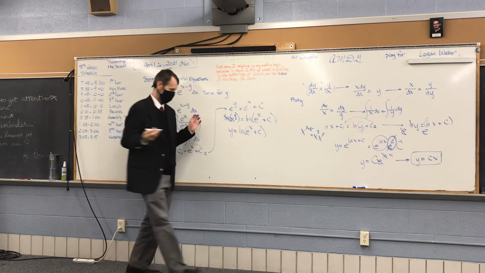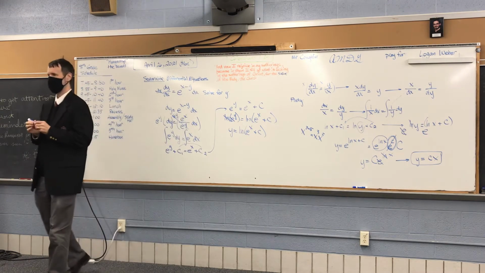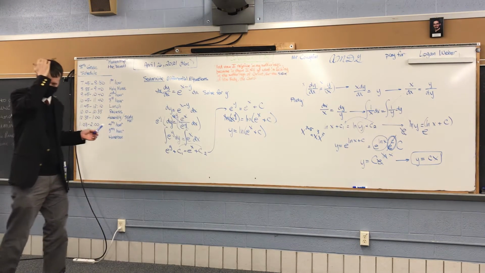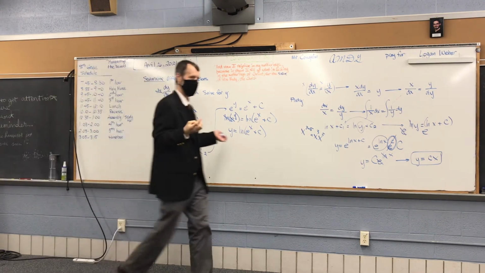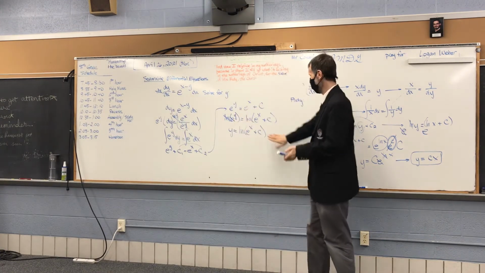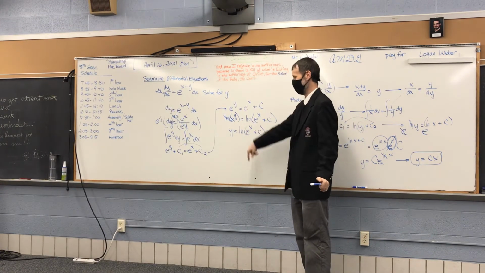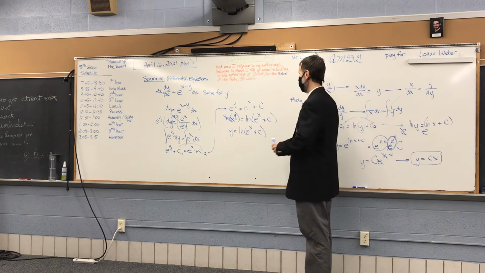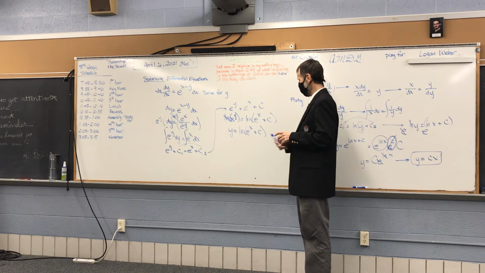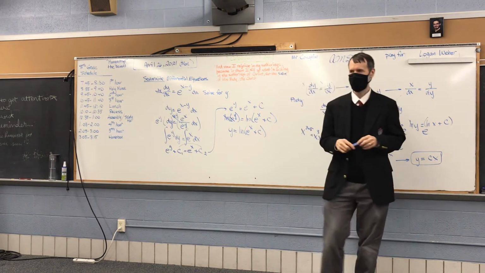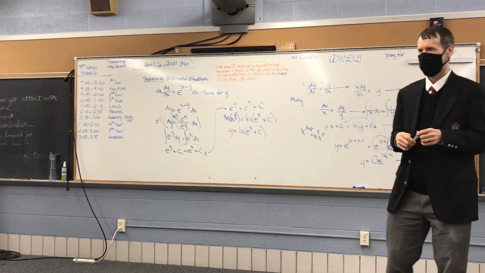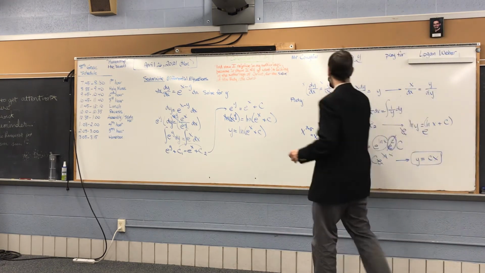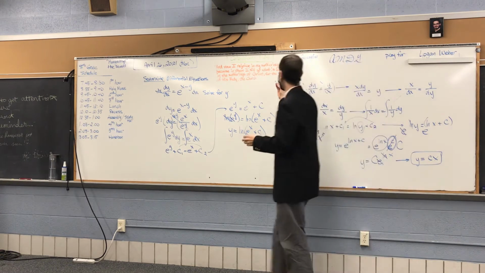Question. Can I cancel the ln and the e? No. What's stopping it? The plus c. If it were just ln e to the x, it'd just be y equals x. That'd be easy. Is there a log rule that accommodates addition? Let me refresh your memory.